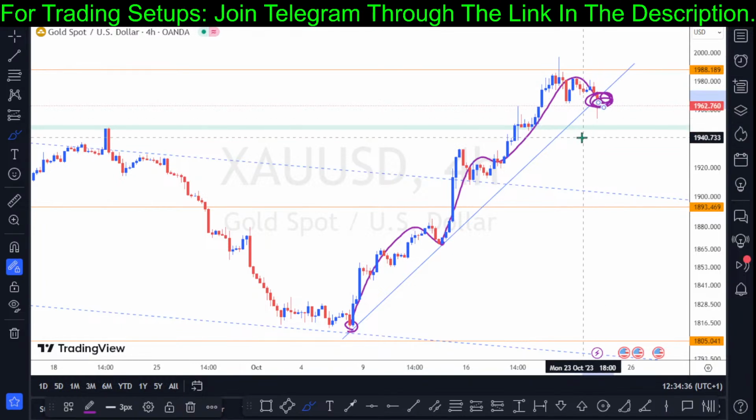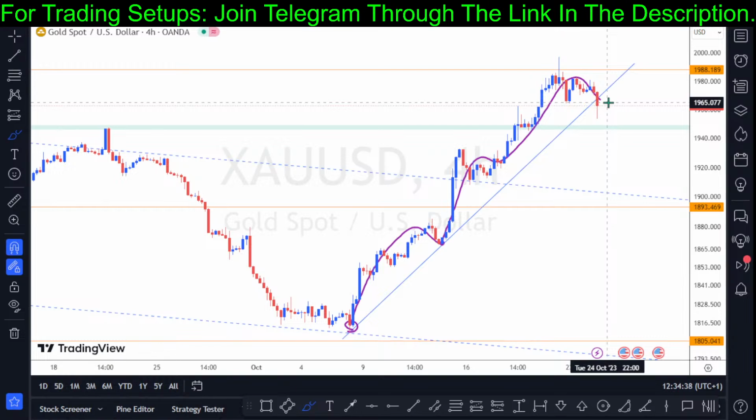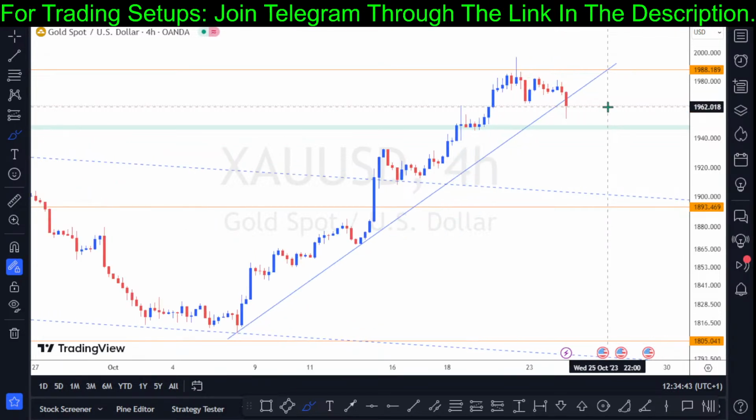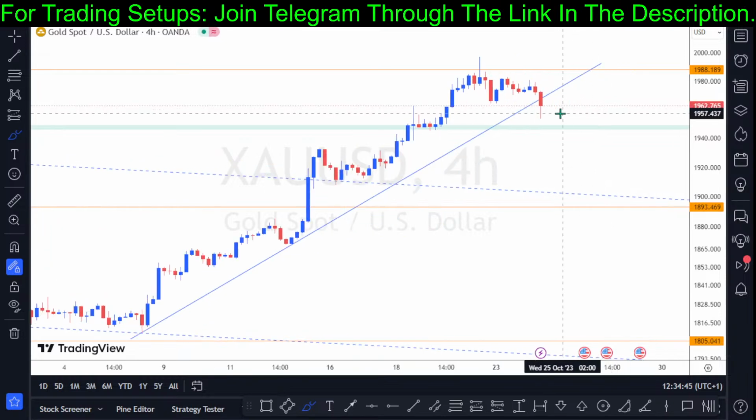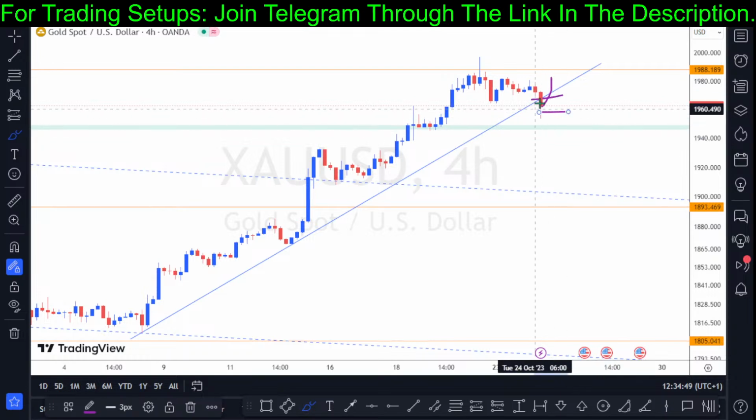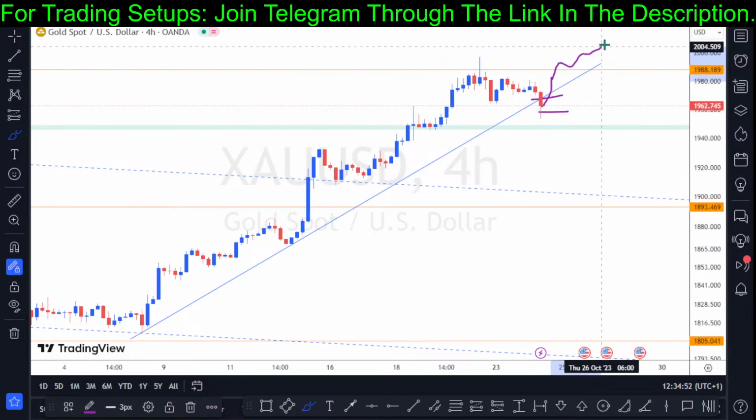If I were you, I would never sell right here, because a bearish trend is not yet confirmed on gold. Price could still make a sharp bullish close above the structure, and then this could be a false bearish breakout, and the trend will continue higher.